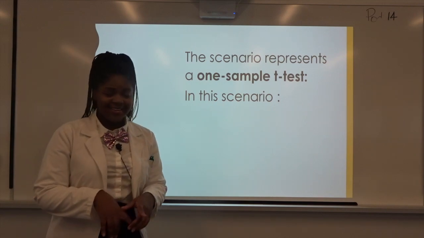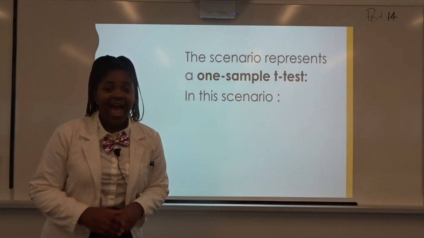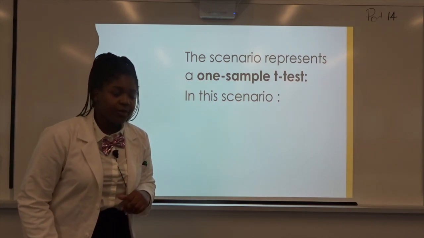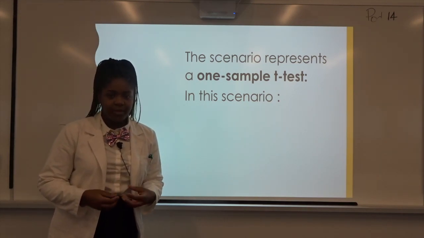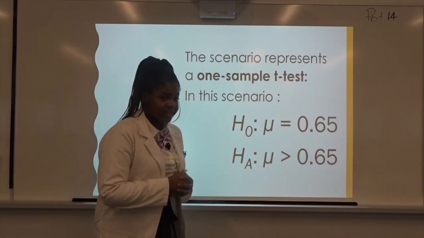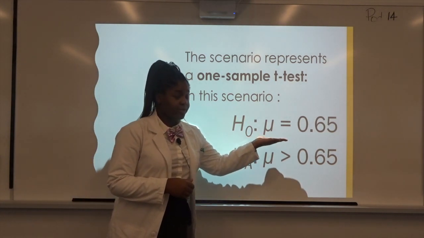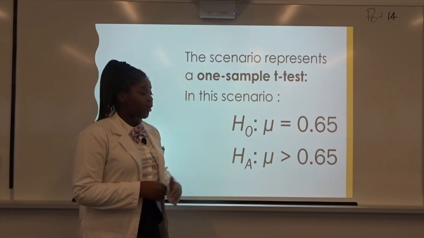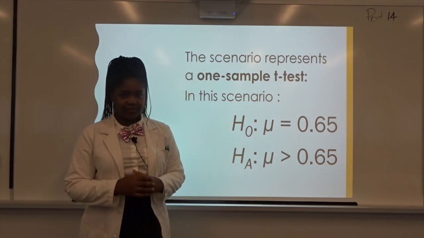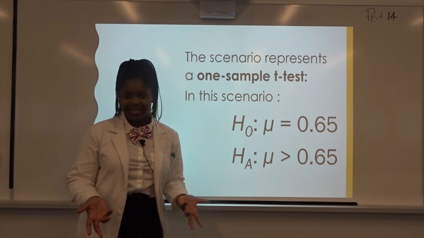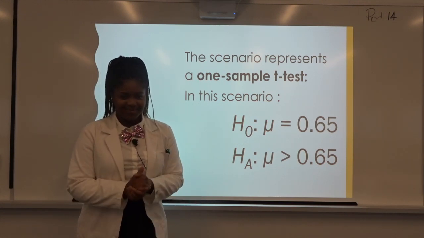This is an example of a one-sample t-test, as there's only one measurement variable, with our theoretical expectation of what the mean should be. Our null hypothesis is that the mean is equal to 0.65, while our alternative hypothesis is that the mean is greater than 0.65, as the professor thinks it's greater than 65%.